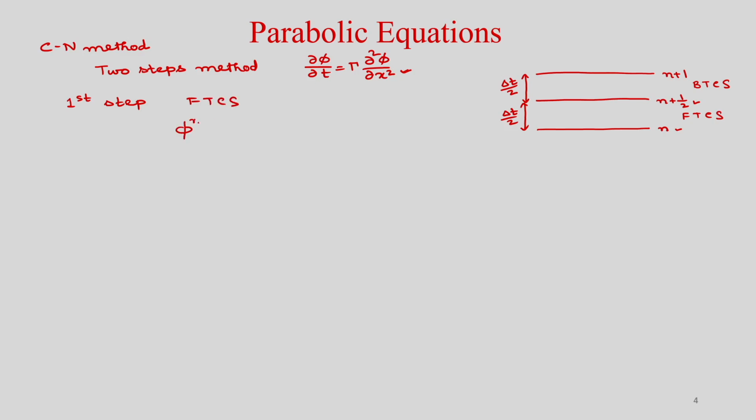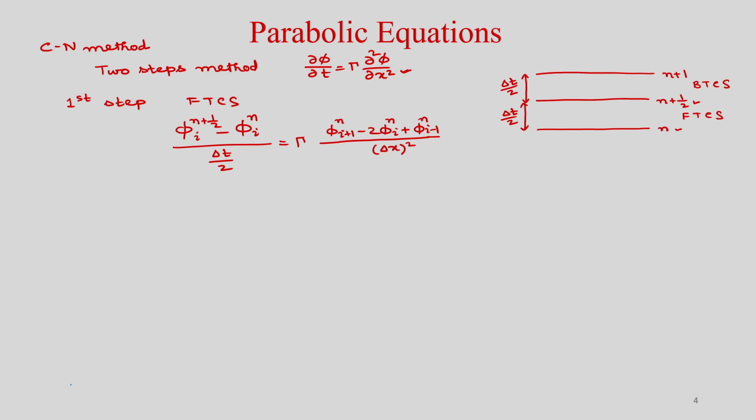You are going from n to n plus half, divided by del t by 2, which is your time step, is equal to, now on the right hand side you have gamma times phi I plus 1 minus 2 phi I plus phi I minus 1 divided by del x square. Okay. So, this we are using FTCS, so all will be at the nth time level.